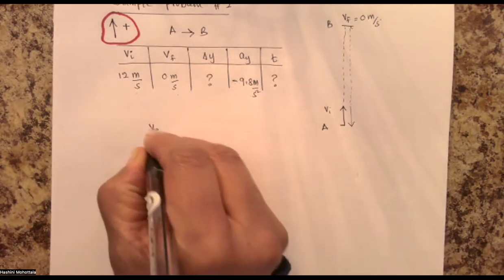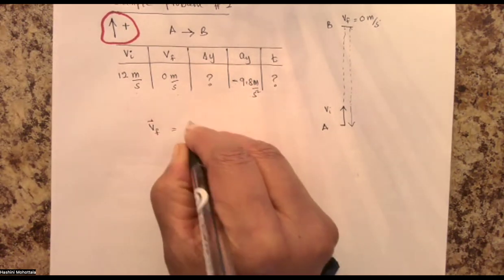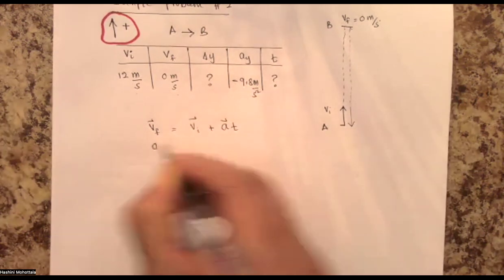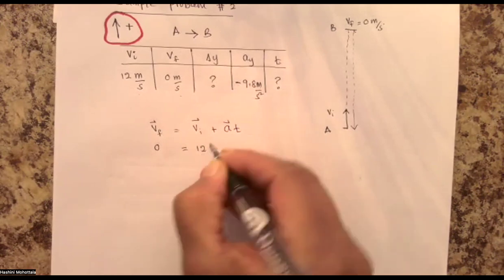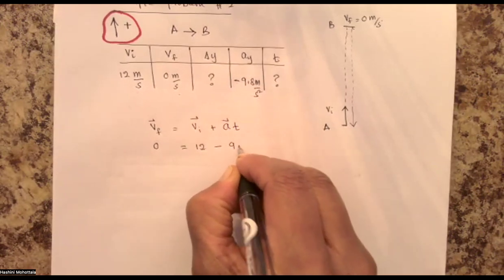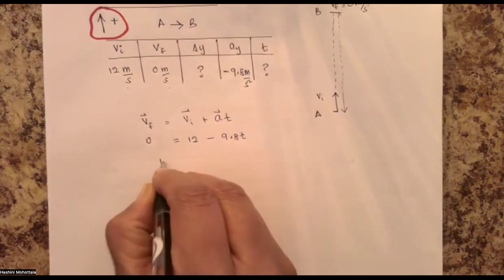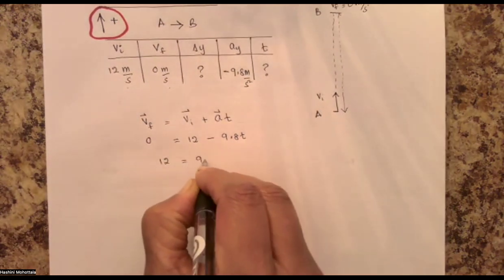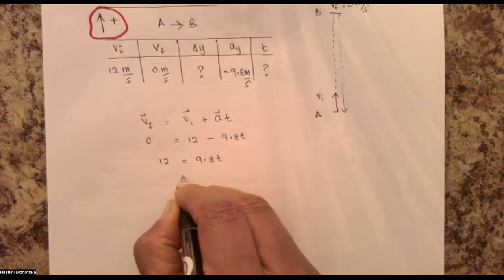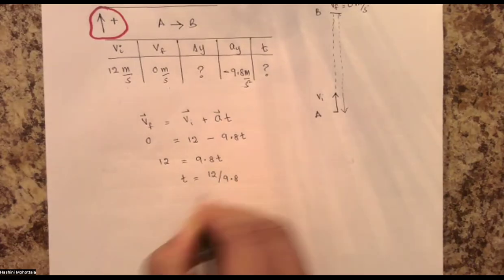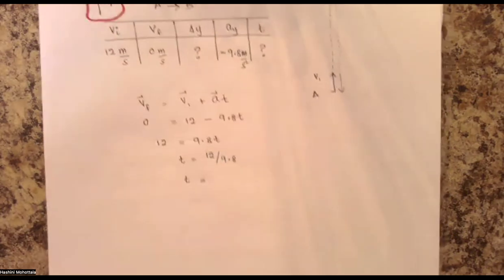So we have V final equals V initial plus AT. V final equals 0, V initial is 12, and a is negative 9.8, times T. So you get 12 equals 9.8 T. This is algebra, I can go fast. 12 divided by 9.8, and send me the answer.